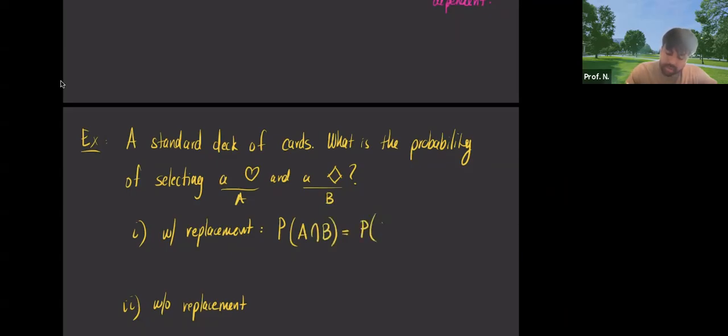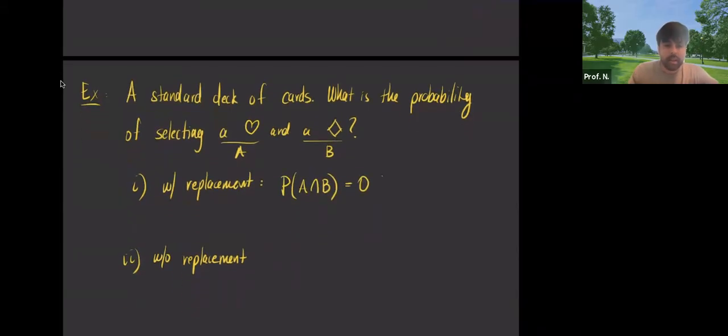Well, wait, hold on. These are mutually exclusive events. So what's the probability of A intersect B? 0, right?